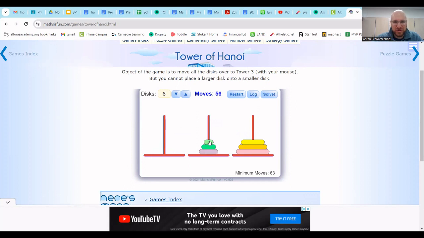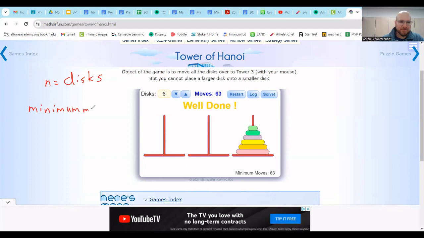And so it's kind of a little bit of a pattern game. The formula for this, if I call n my number of disks, the minimum number of moves is equal to 2 to the power of n minus 1. 2 to the 6th is 64.